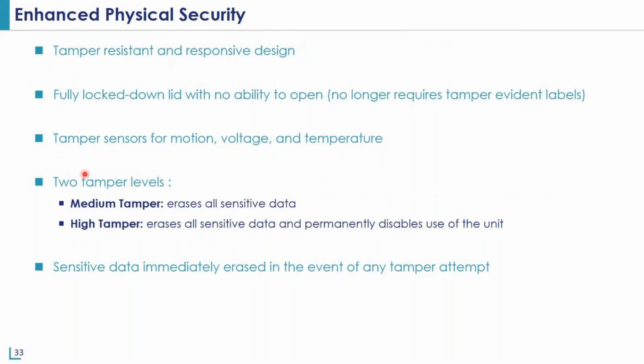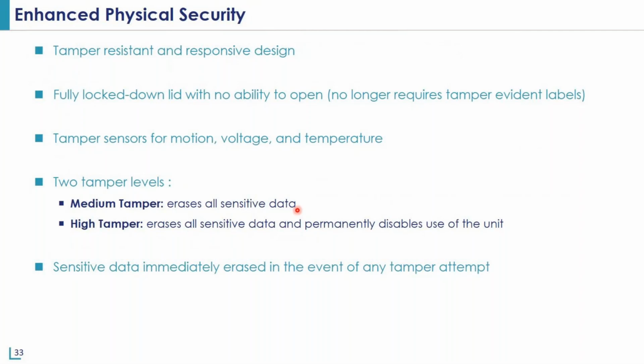We have defined two levels: one is medium, another one is high. In case of a medium tamper, it will erase all sensitive data, and when I say sensitive data, it is your LMKs that will be removed. But if you want to use that appliance again, you can.